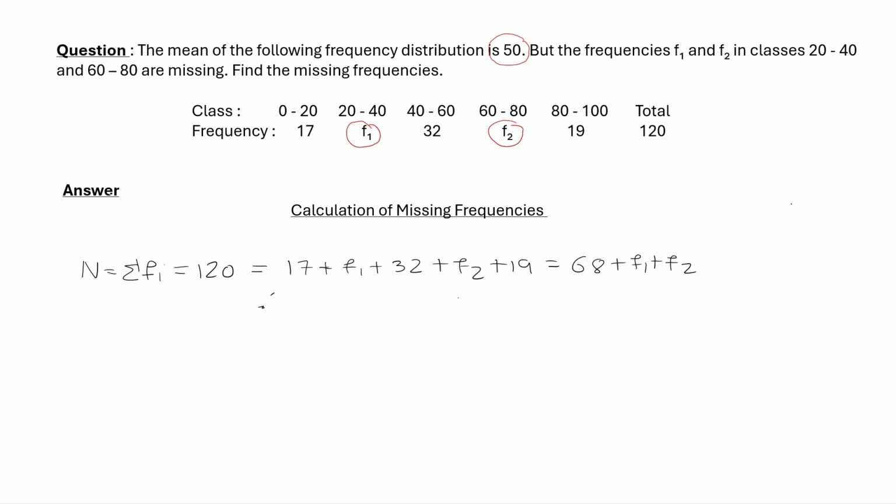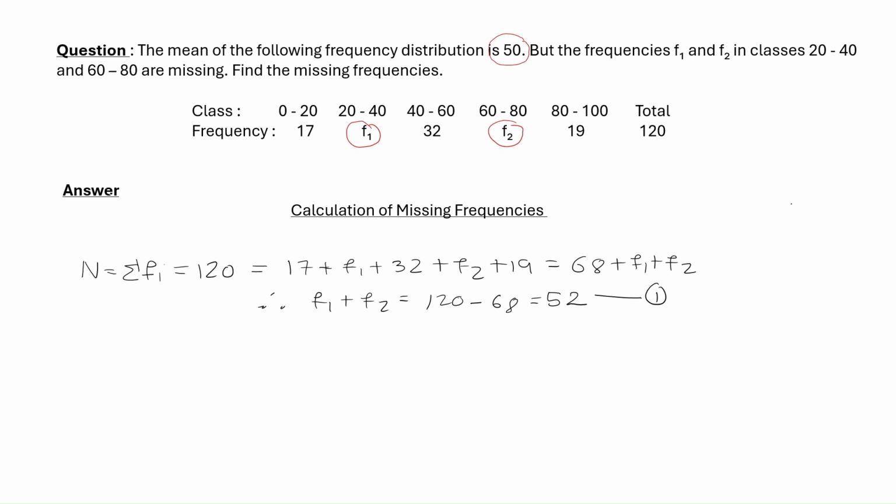Therefore, F1 plus F2 equals 120 minus 68, which is equal to 52. So this can be equation number 1.